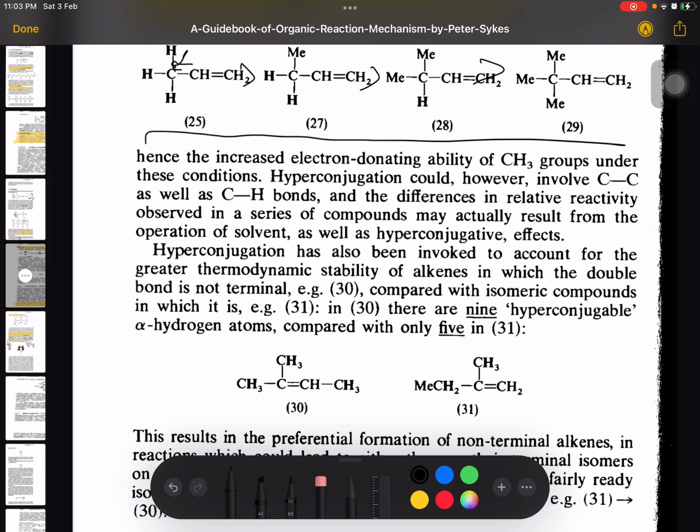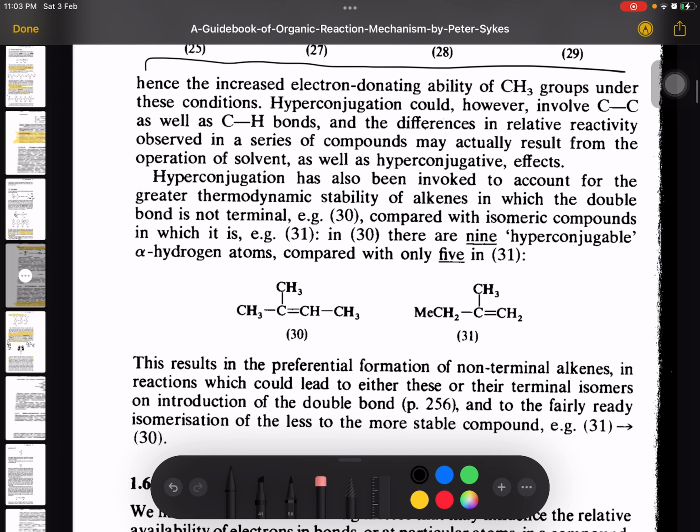Hyperconjugation, however, involves C-C single bonds as well as C-H bonds, and the differences in relative reactivity observed in a series of compounds may actually result from the operation of solvent as well as hyperconjugative effects. Hyperconjugation has also been invoked to account for the greater thermodynamic stability of alkenes in which the double bond is not terminal, compared with isomeric compounds.